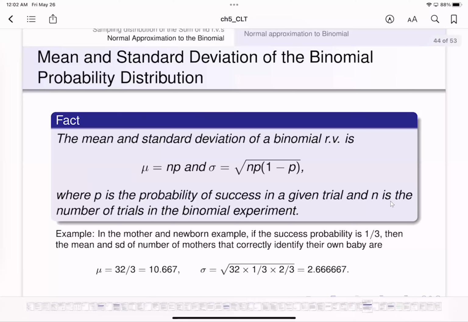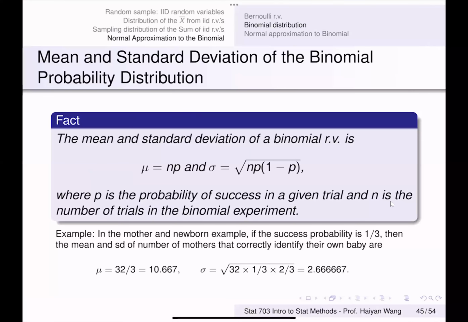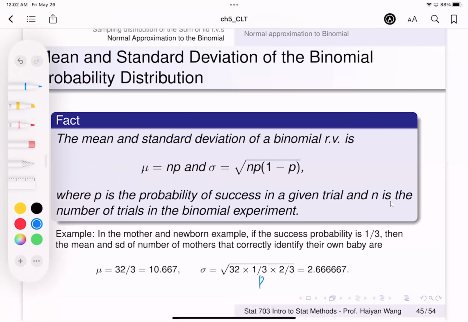So on average, out of the 32 mothers, about 10.67 mothers would find their baby, but we observed 22 of them. The standard deviation is the square root of 32 times 1/3 times 2/3, because the p is 1/3 here, and this one is 1 minus p. So when you have them multiplied together and take the square root, you have the standard deviation.